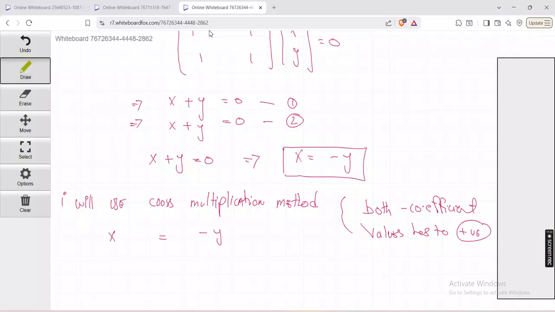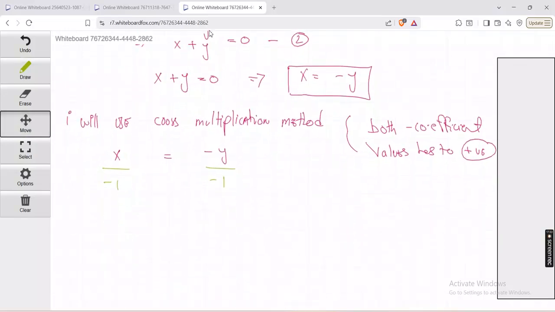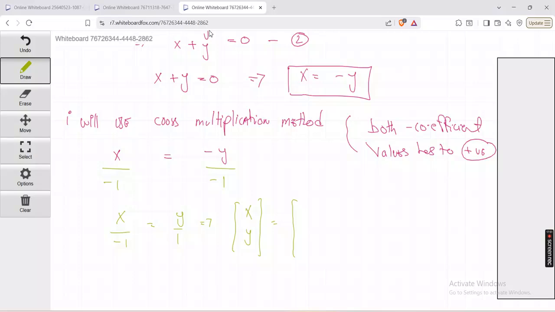So can I do it like this? x into minus 1, and here it will become minus 1. So I can write here like this. So x by minus 1 is equal to y by 1. So this is x, this is y, and my vector is x is minus 1, y is 1.